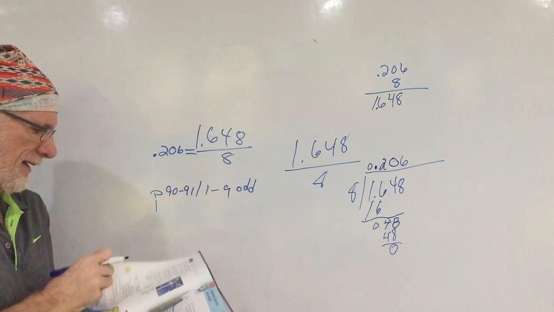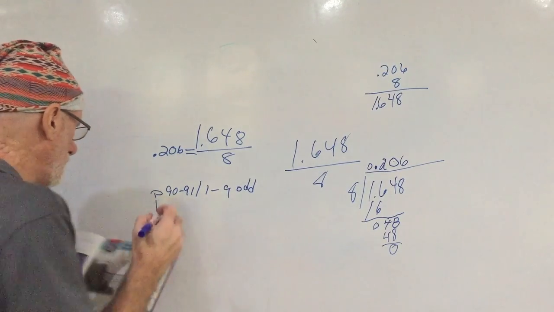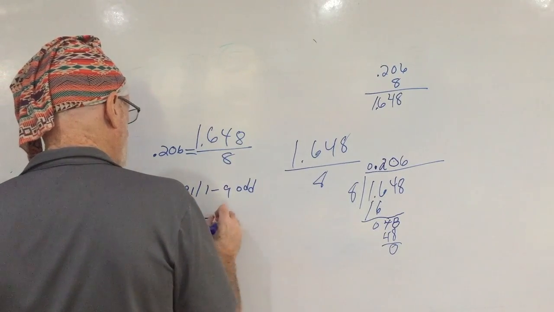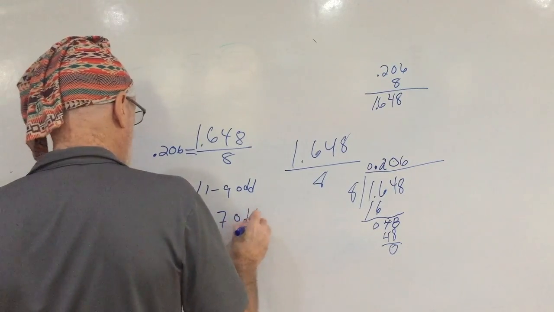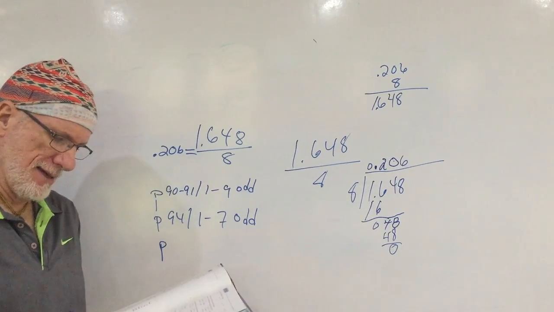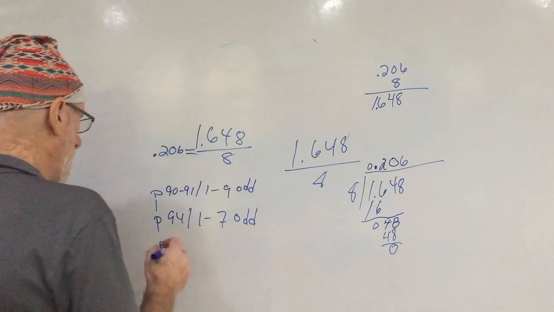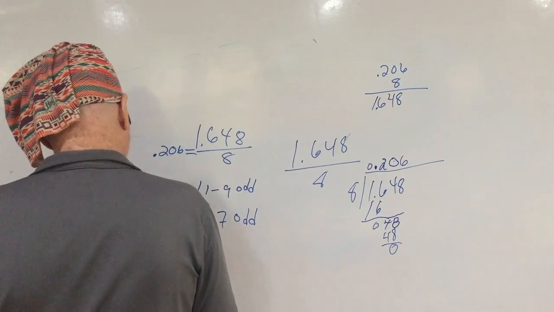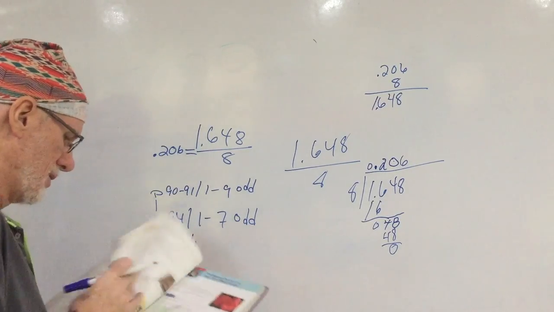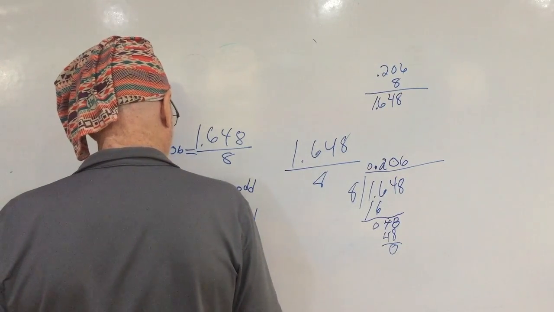Next, we'll say page 94, 1 to 7, odd. Easy? And then page 96, 1 to 13, odd.